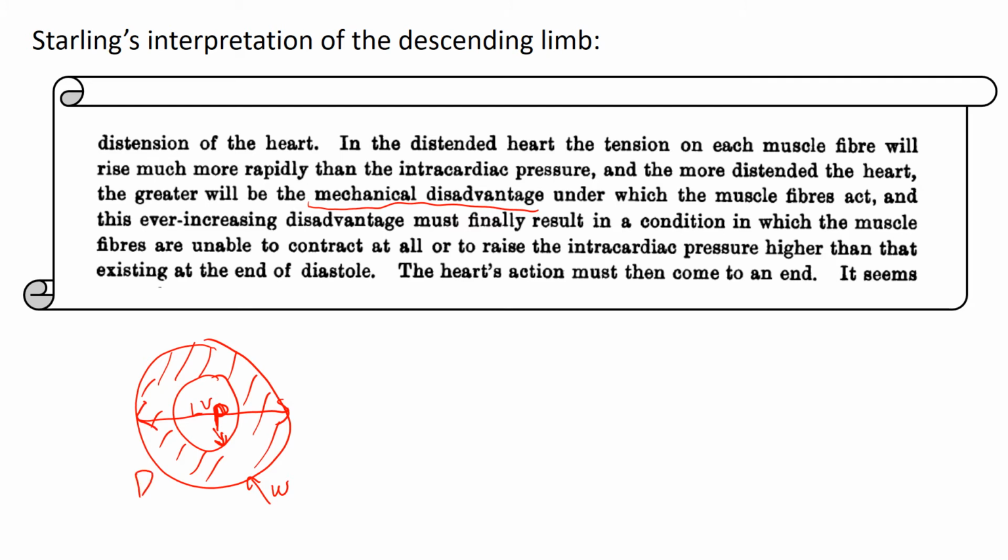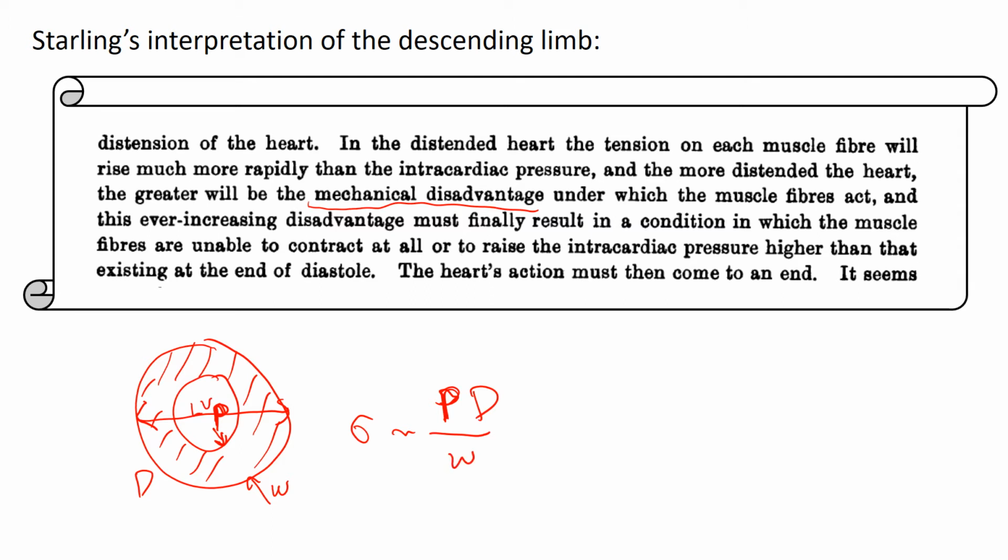D for diameter. Something called the law of Laplace tells us that the amount of stress in the walls needed to generate a given pressure is proportional to that pressure, which makes sense. So more pressure, more stress, times diameter divided by the wall thickness.